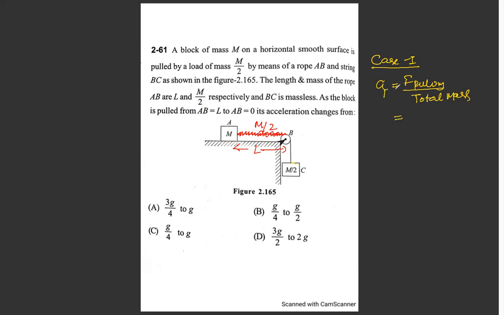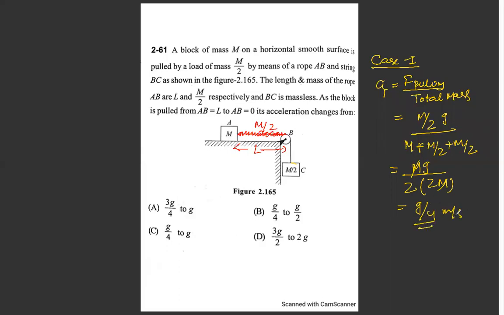So a1 is equal to the pulling force, m by 2 g, because these are on the horizontal plane, divided by the total mass m by 2 plus m by 2 plus m, that is 2m. So m and m cancel, and we get g by 4 meter per second square.